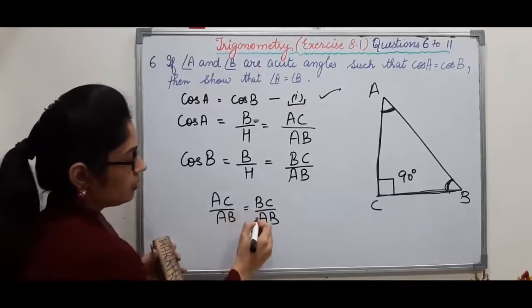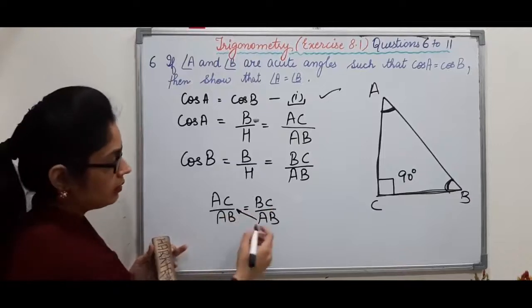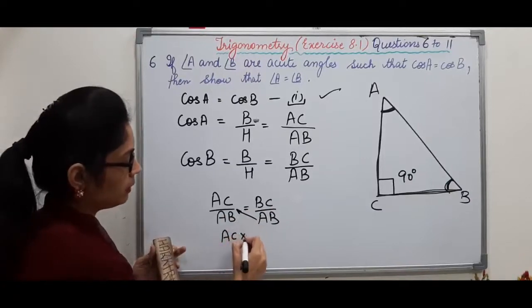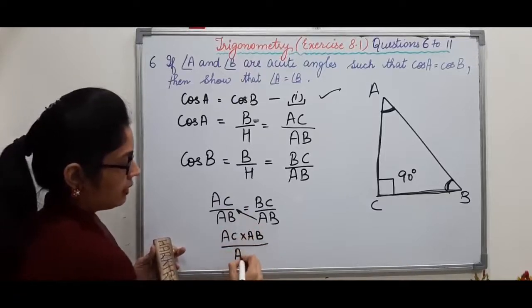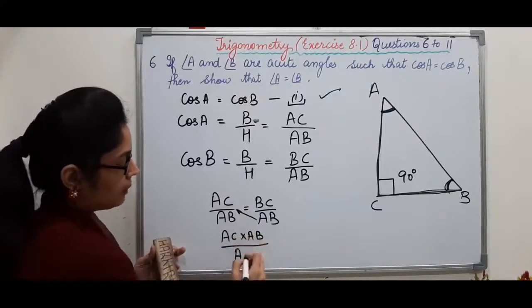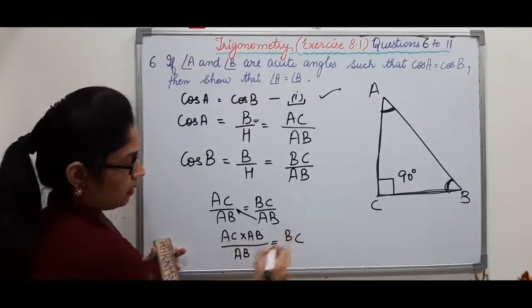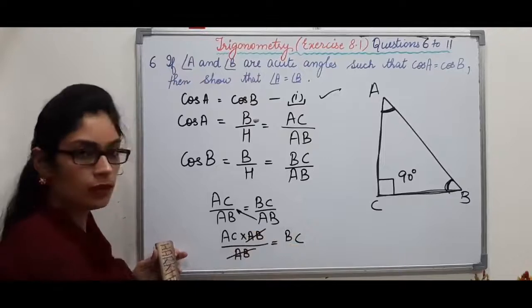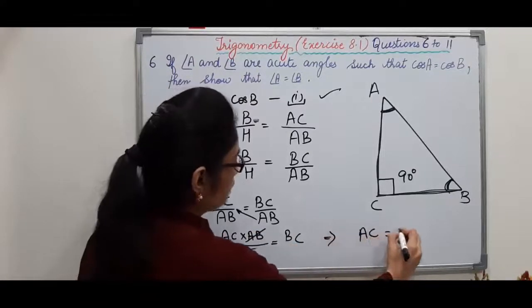So I will shift this AB to this side. This AB is getting divided on this side, so on changing the side, it will get multiplied. So I will get AC into AB upon AB is equal to BC. Now this AB and this AB will get cancelled. So we will get AC is equal to BC.